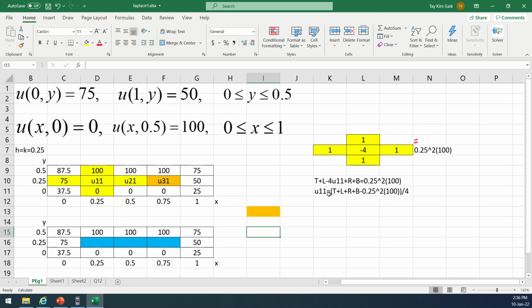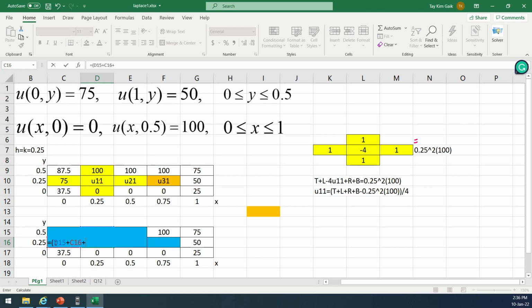Hence, U11 will be top plus left plus right plus bottom minus 0.25 squared times 100, divided by 4. Hence, we are going to key in this formula in the cell U11. We key in top 1 time, left 1, right. You will key in D16, your right is E16.